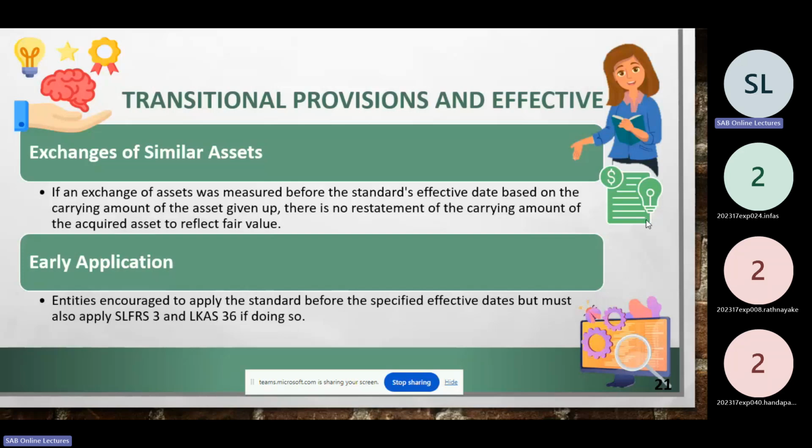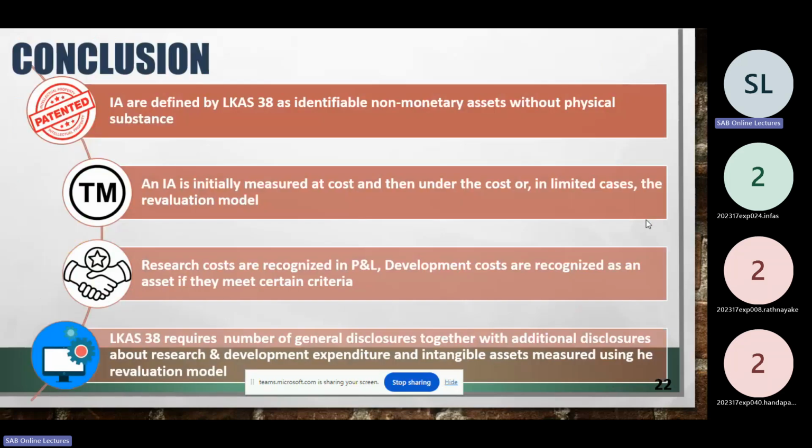Exchange of assets means that if exchanges of assets were measured before the standard was issued based on the carrying amount of the asset given, now there is no restatement of the carrying amount of the acquired asset to fair value. Early application means an entity is encouraged to apply the standard before the effective date, but must also apply SLFRS 3 and LKAS 36 in doing so.